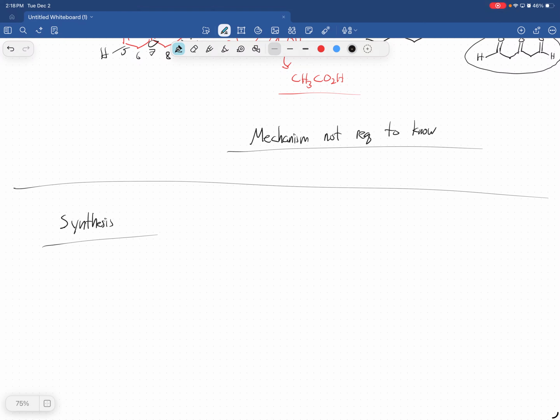All right. How would you make this? So let's go from here. What happened? It's doing like a crip walk here. It just moves to the right side.